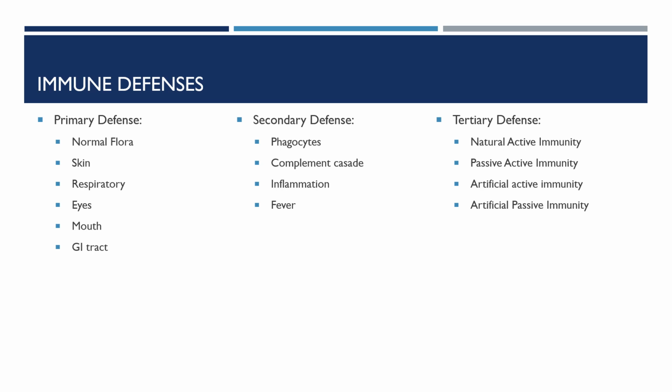And with coughing and sneezing, it pushes this out. Those are called cilia. The tiny hair-like cells, those are cilia. And eyes as well, they have the lacrimal glands, so they produce the tears. And then your mouth has saliva.